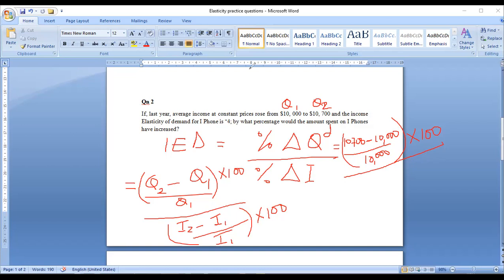Yes, in the question, since the elasticity of demand is given as +4, we are going to say 4 equals something divided by the income, because right now we have to look for the income.